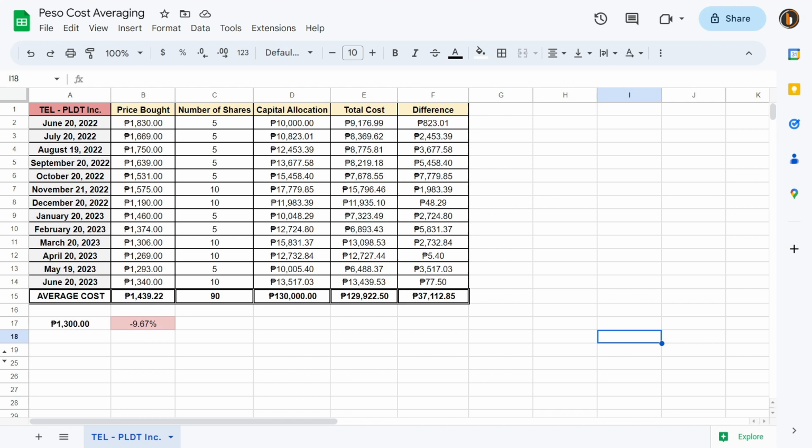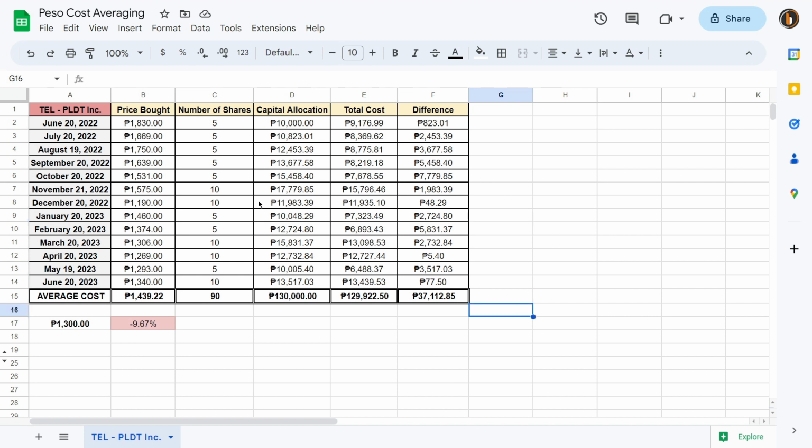So that's it guys, I just wanted to show you the power of peso cost averaging. I know this is not a very compelling example because we're still in the red if we followed this. But eventually we will get the mean or the median. It will regress to the mean, our average cost.